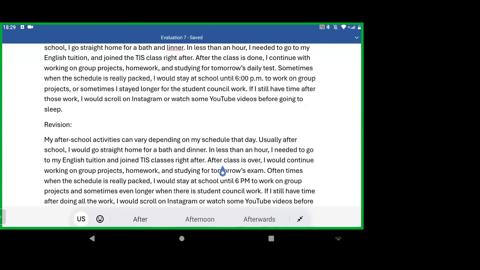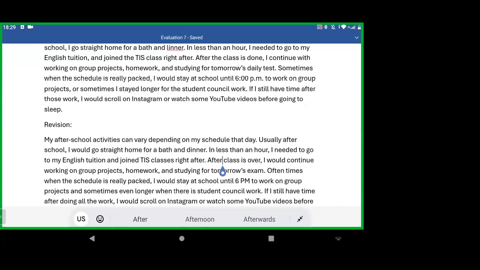I don't think we should add a comma between the tuition and the class, since we are talking about two things right there. Unless we are listing more than two things, for example three or more, then we can add a comma before the "and." Okay, so that's all.